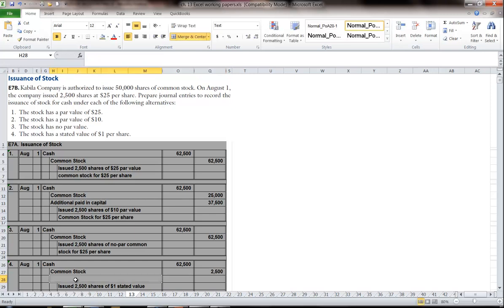So anytime the amount of money we receive or the dollar amount we sell each share for is greater than our par value or our stated value, we have additional funds that must be recorded in our additional paid-in capital account. So in this situation, we actually received $24 more per share. 25 minus 1 times 2,500 is $60,000. So now our debits equal my credits. I have the correct amount received in cash and the correct amount recorded into my legal capital account, common stock.